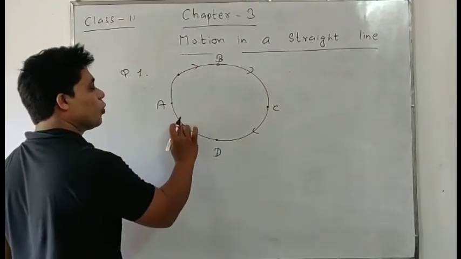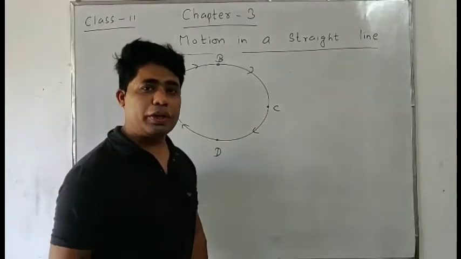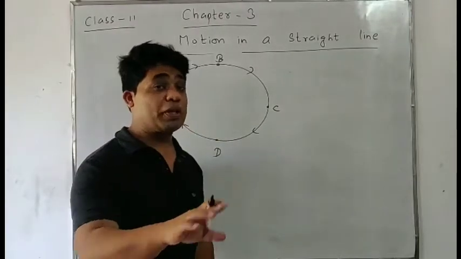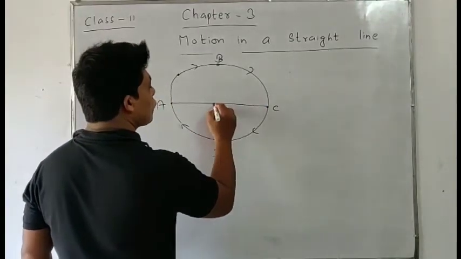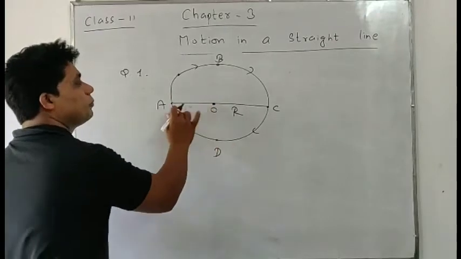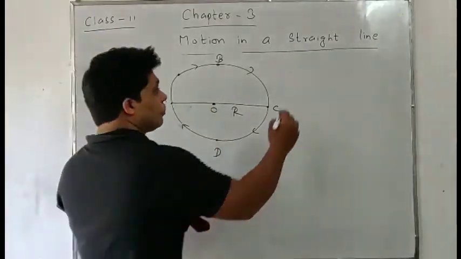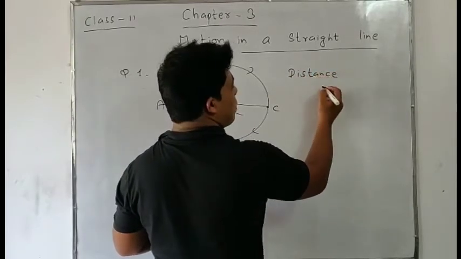This is an example of circular motion. When an object travels along a straight path, that is called linear motion. When it follows a circular path, it is called circular motion. The radius of that path is capital R. This is the center.